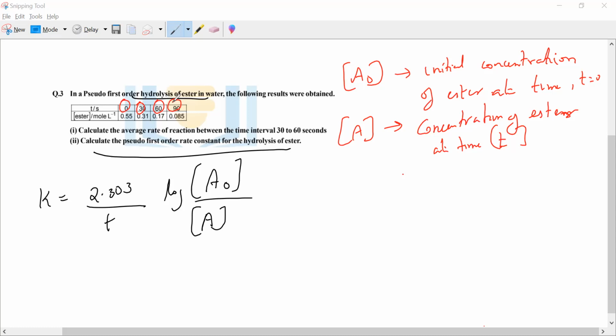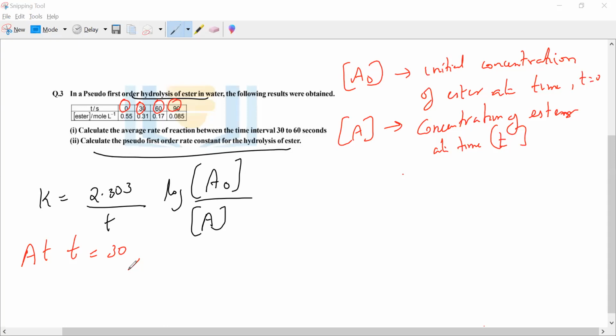Yes or no? Now coming to this, at time t is equal to 30. So I have to do this for 30, 60 and 90, and then calculate the average of the same.